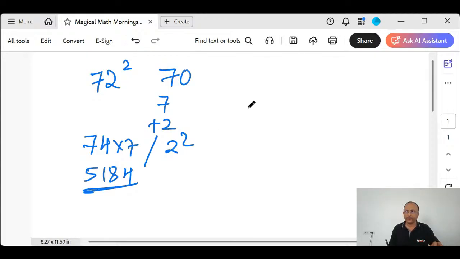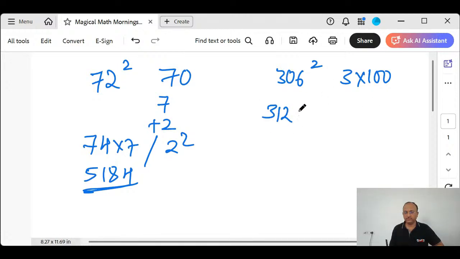Let's do maybe 306 square. Do this. Consider just this 3 into 100. Directly we can write 312.